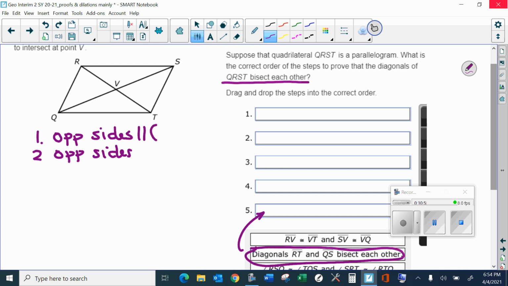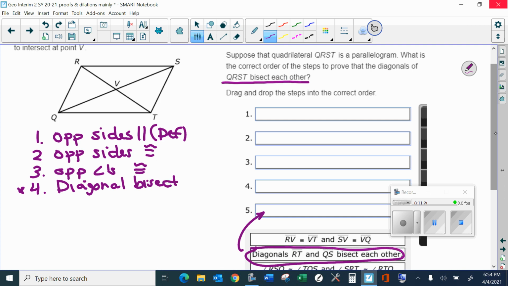That's the definition. Then you have your four characteristics. Opposite sides congruent, opposite angles congruent, diagonals bisect each other, but we can't use that here because that's what we're trying to prove. But I'm just writing all four characteristics down because you've got to have them memorized.